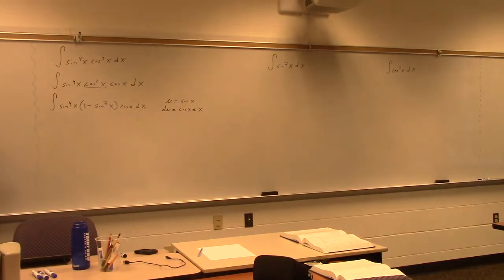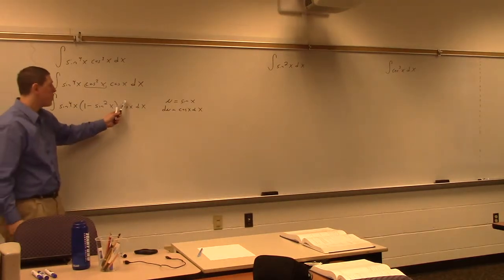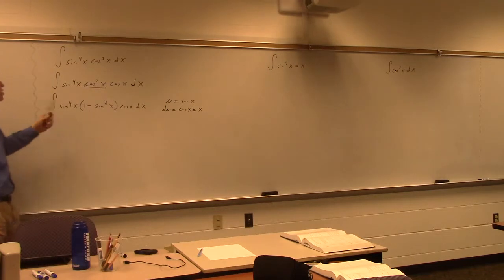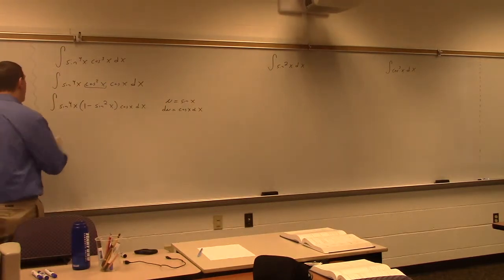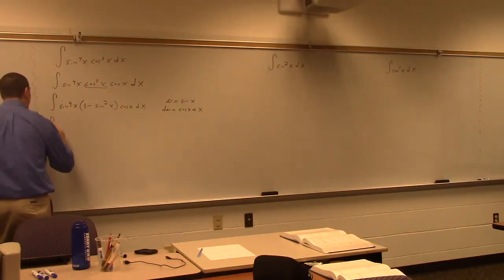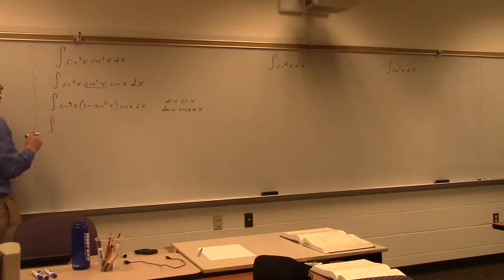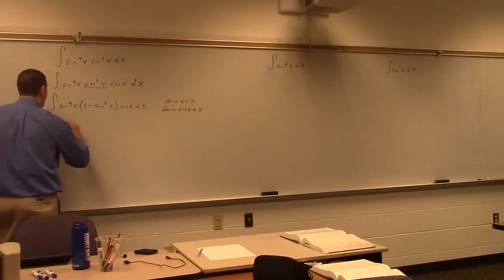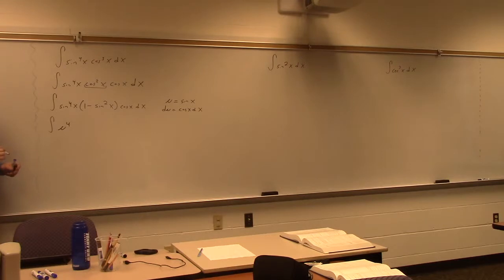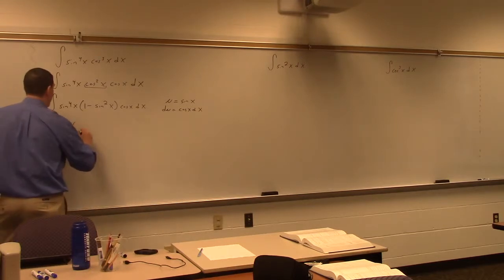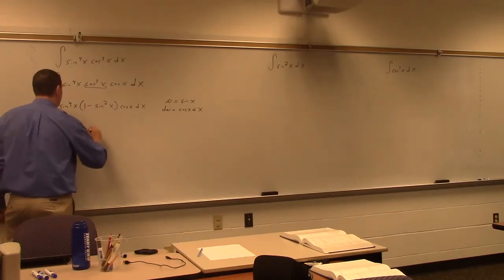And hopefully now you can see that the substitution gets rid of the cos x dx, but also gets the sines in terms of u. So my new integral, since sine is u, would be u to the fourth. Along the same lines, 1 minus u squared.